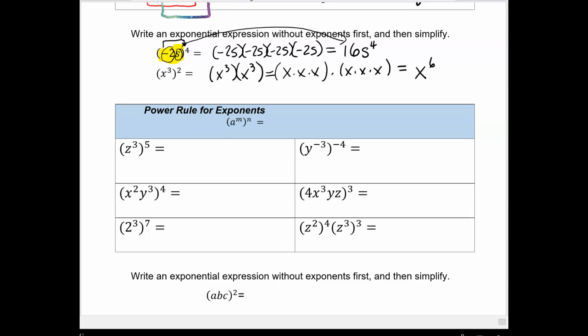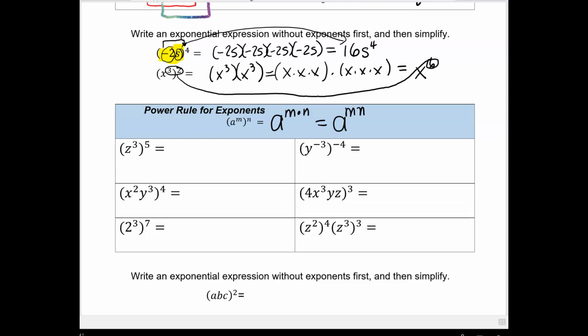Similarly, we could have taken a shortcut for x to the third quantity squared by doing what to the exponents? So what do you think the operation is? Multiplication. So that's the power rule for exponents. A to the m to the nth power would be a to the m times n. So this is the shortcut, which is also a to the mn.